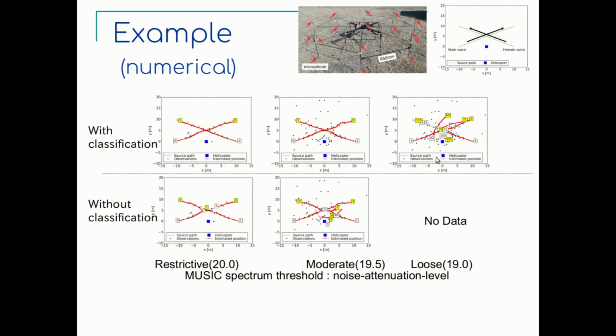But even for the case where the proposed method succeeded to follow two sources, if there's no classification information given to the system, the method could not follow or track two sources appropriately. For example, in this case, the male voice moving from here to there was not correctly tracked, and from here to there it could follow the track, but at the point of the intersection, the tracker switched to the female voice, and the path estimated was like this, which is not correct.